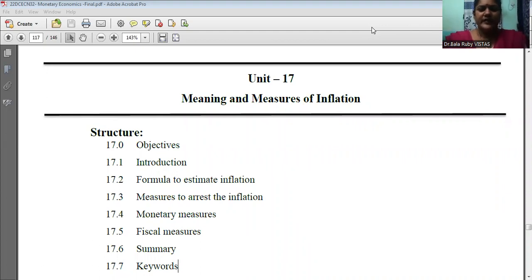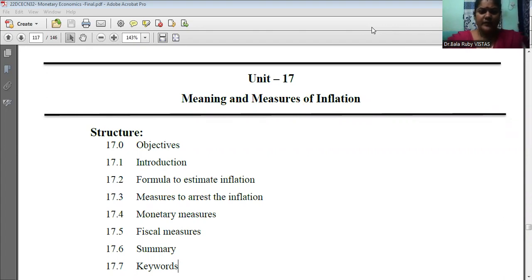So, students, in today's class, we are going to discuss the measures of inflation. The meaning of inflation is something all of us are very familiar with, because a substantial increase in the price of commodities is considered inflation, right? Now, clearly we will focus on the formula to estimate inflation. At the same time, what are the measures to control this inflation?